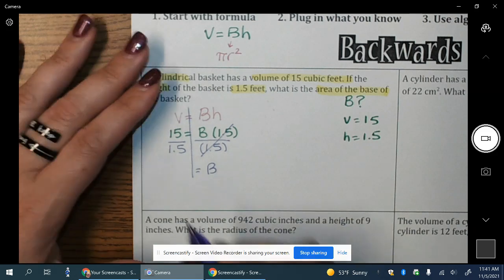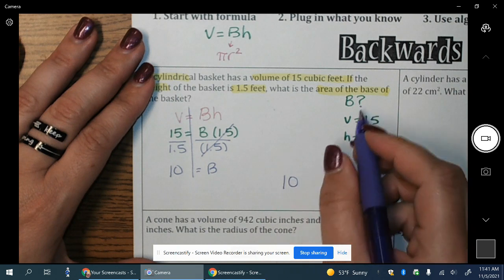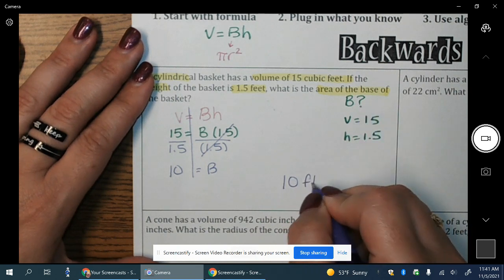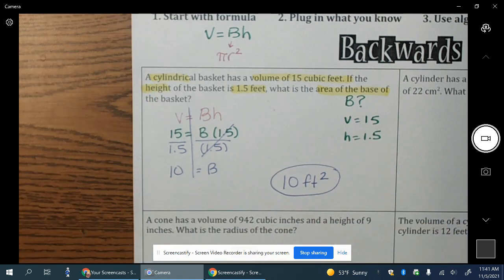Good, Emily. Thank you. Okay, and this is big B. So big B means area of the base, so it's feet squared. Okay, it's 10 feet squared. Everybody okay with that? Okay, we figured out our formula. We plugged in what we knew. We used algebra.